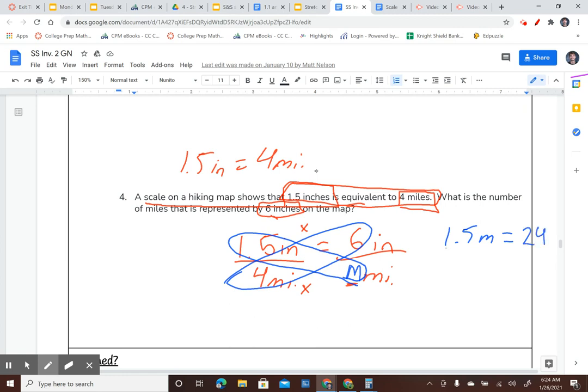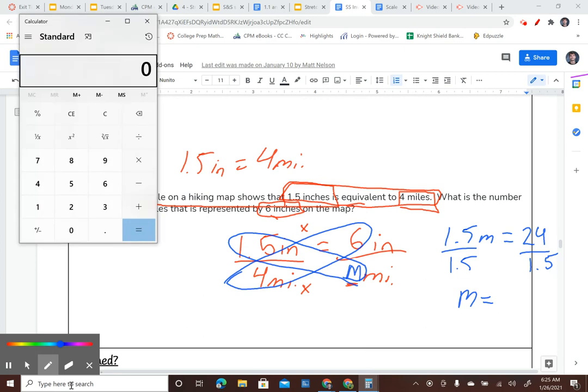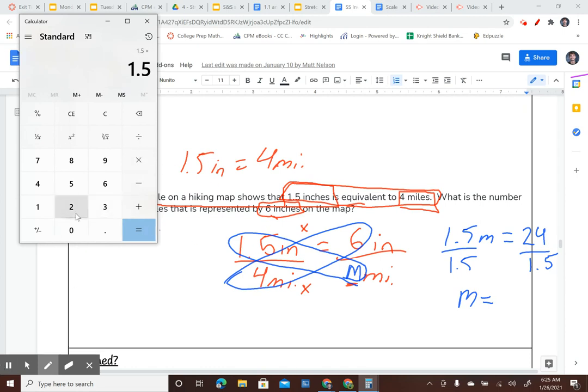And so now I can just divide here. I can do 1.5 divided by 1.5. And I can do 24 divided by 1.5. So now m equals, let's grab our calculator here. 24 divided by 1.5.